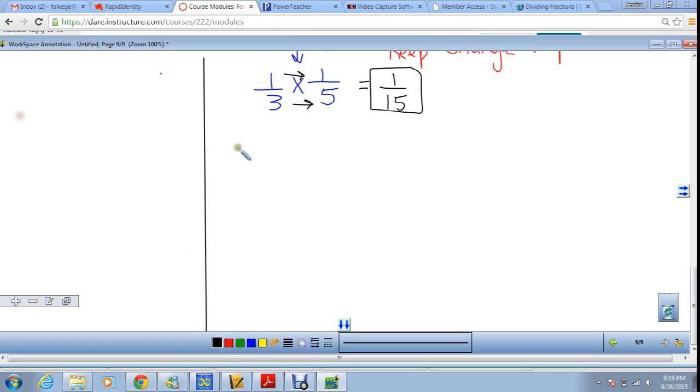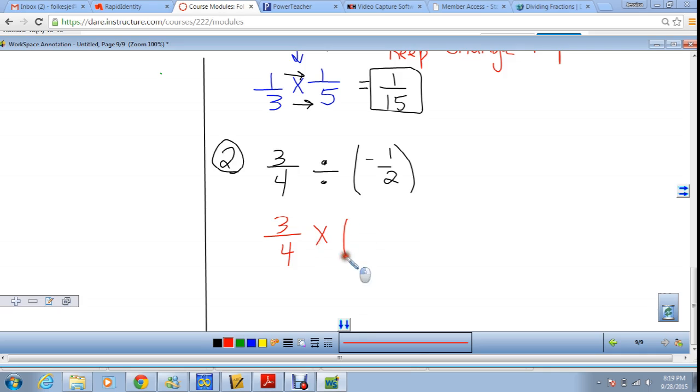Let's take a look at number 2. We've got 3/4 divided by -1/2. First thing, keep it, change it, flip it. Notice how I give the numerator the negative.